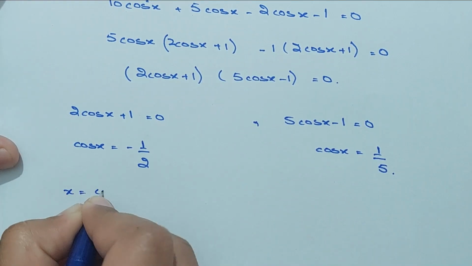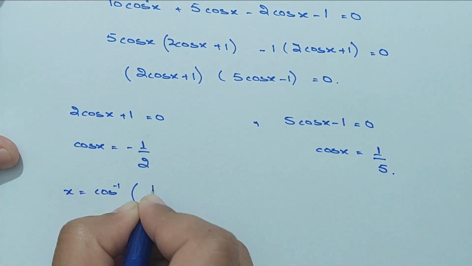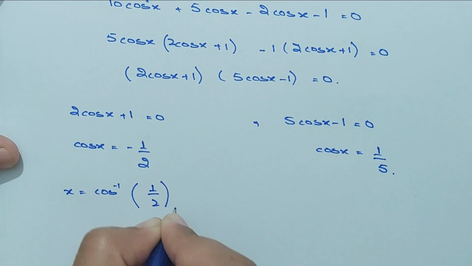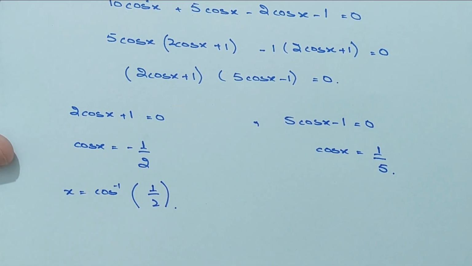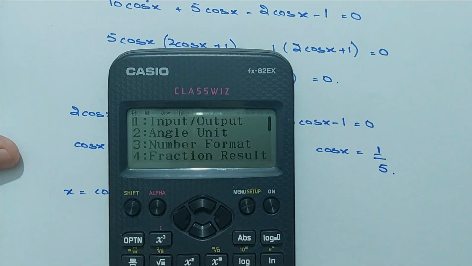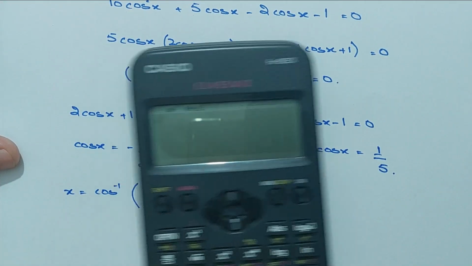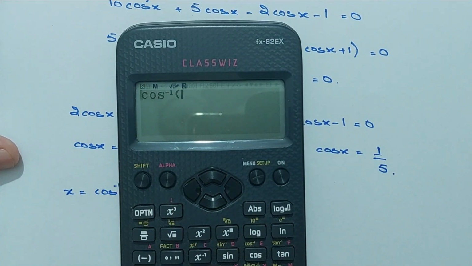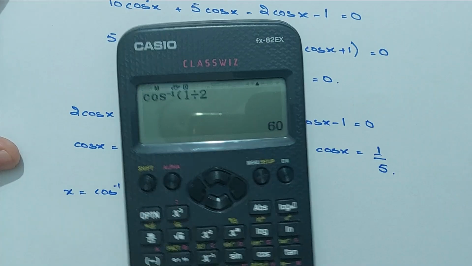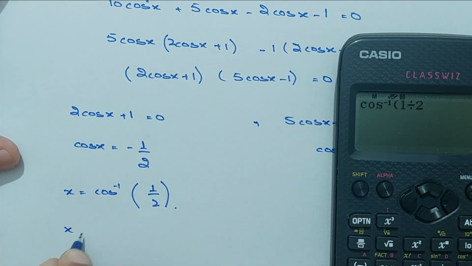x should be equals to cos inverse of 1 by 2. We are solving for positive, and then we can check in which quadrant cos is negative. It's in degrees. So converting my calculator into degrees, what is cos inverse of half? It's 60 degrees. x is 60 degrees. Now by using the CAST rule, cos is negative in which quadrant?